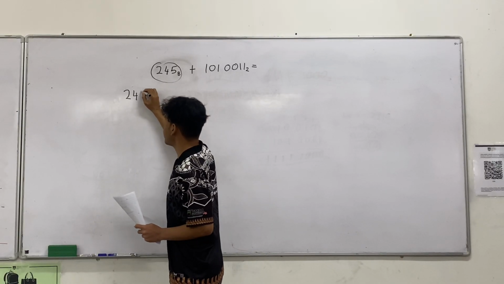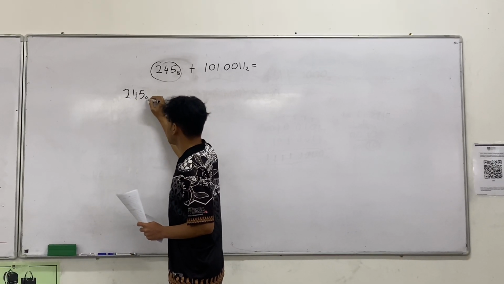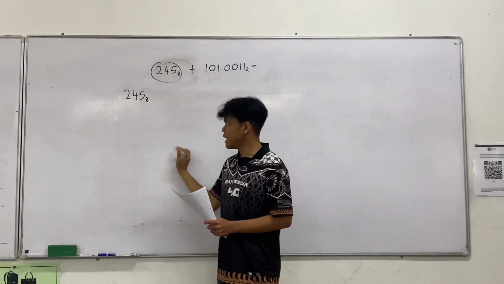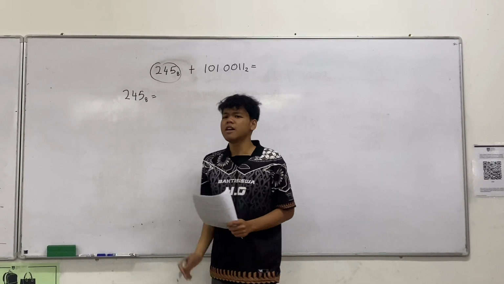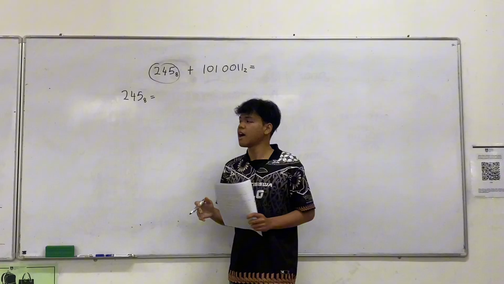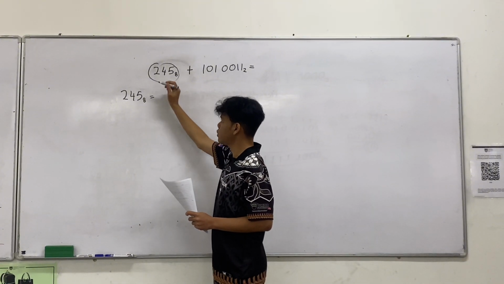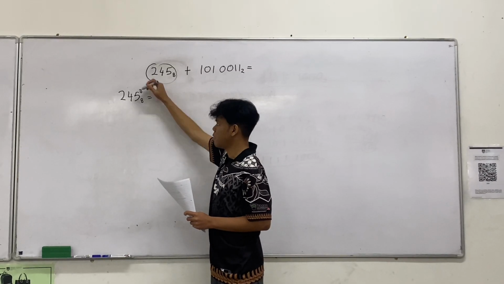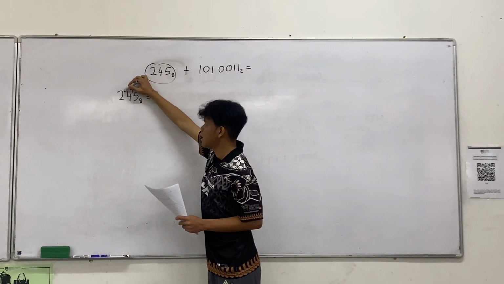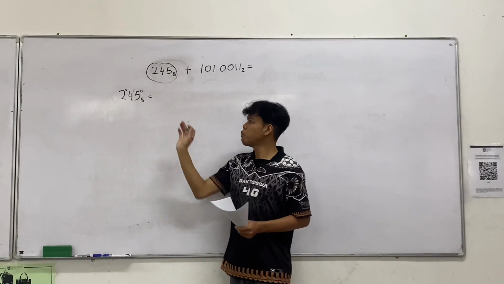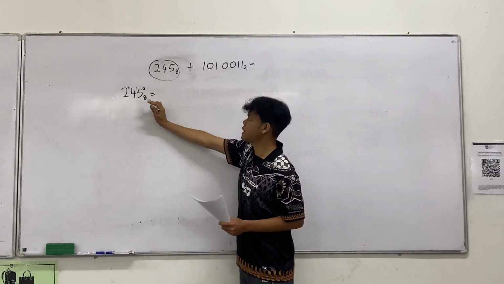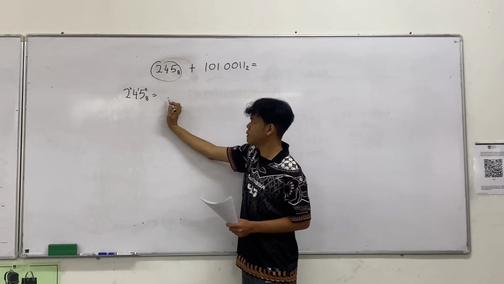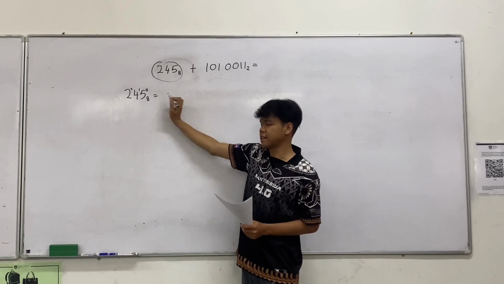So 245 in base 8. How do we calculate this? We put the positions starting with 0, 1, and 2. Why do we do this? Because we want to multiply each digit by 8 raised to its position.